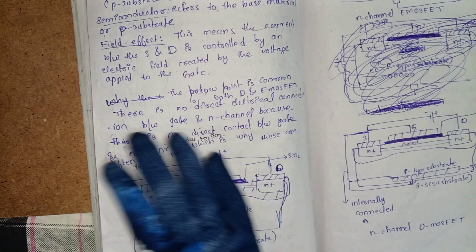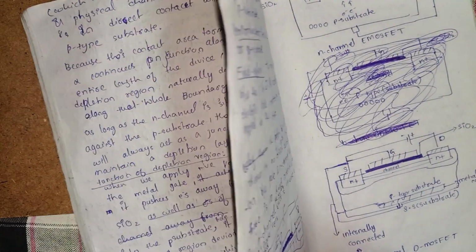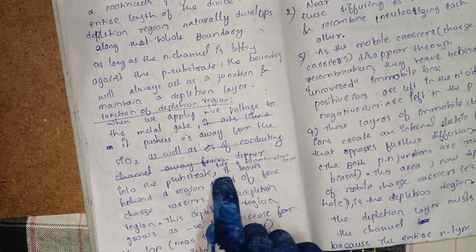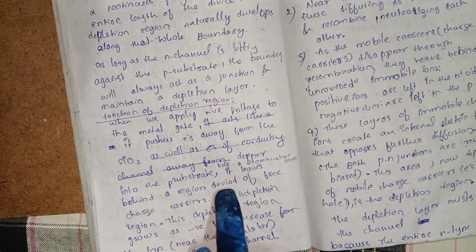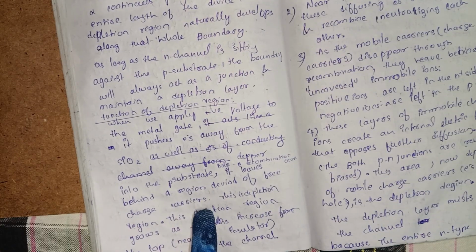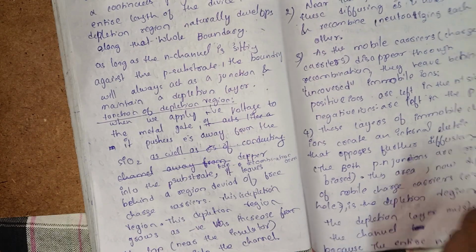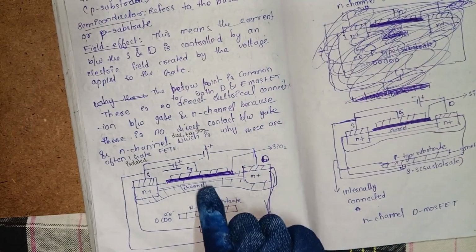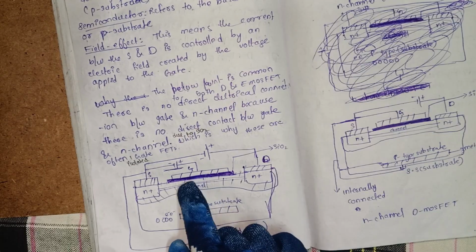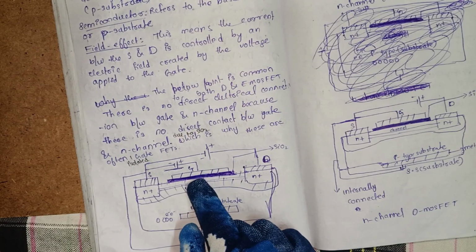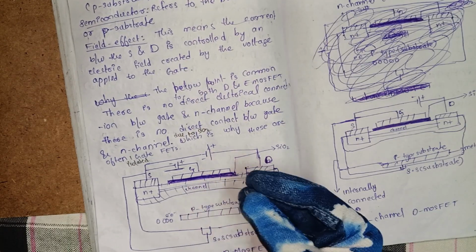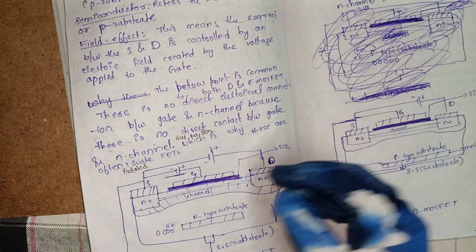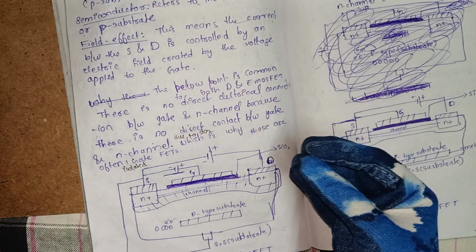Then electron hole recombination occurs. It leaves behind a region devoid of free charge carriers. Here the electron hole recombination occurs because it is pushing electrons and the p substrate has majority holes. So that's why the hole electron recombination occurs.